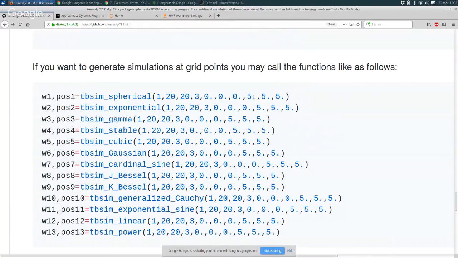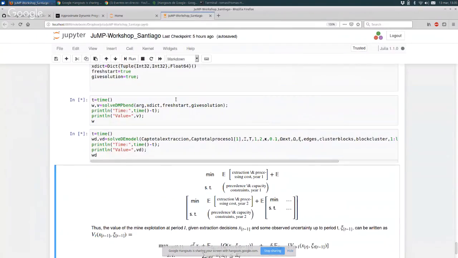And the steps from one point to another will be 5 in the x dimension, and 5 in the y and the z. Okay, so I'm going to show it to you for mining.